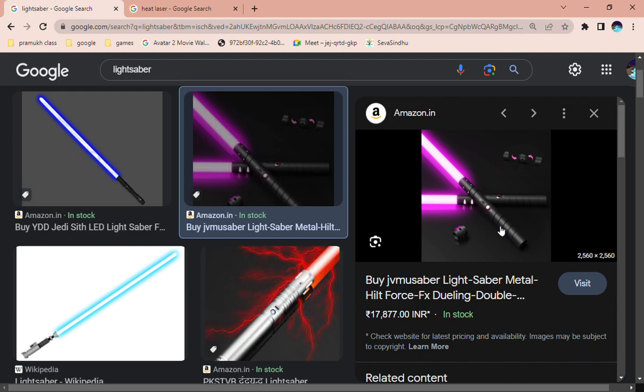Guys, if you have seen, there are different kinds of heat lasers, green, blue, purple. So you need to have a fashion. It shows not that I am rich, but that I am this powerful. So colors are good. Now let's go for the next part.